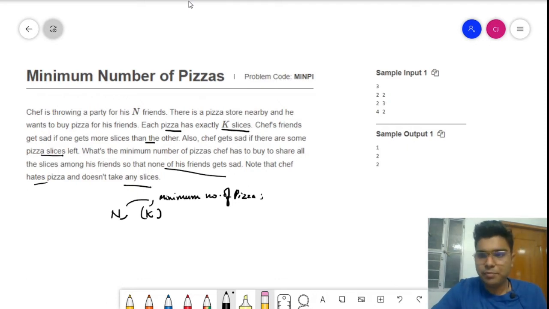So if we take the simple inputs, what will be the possible answers? Let's try to get those answers. This 3 is the number of test cases, and the values of n and k are mentioned to us. If there are 2 friends and each pizza has 2 slices, how many pizzas should we order so that each friend gets an equal number of slices?